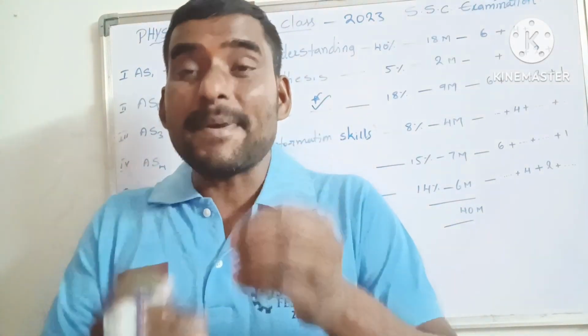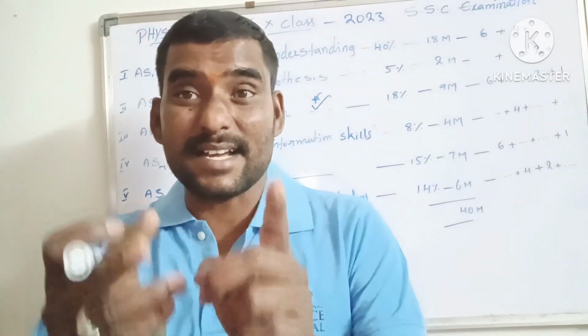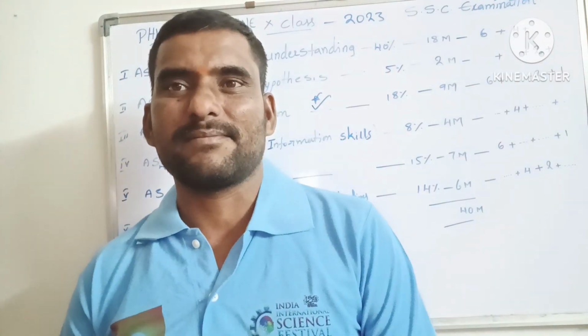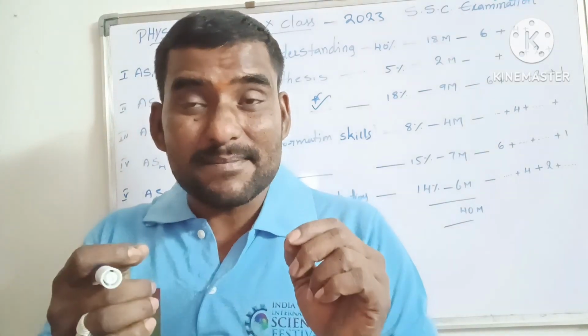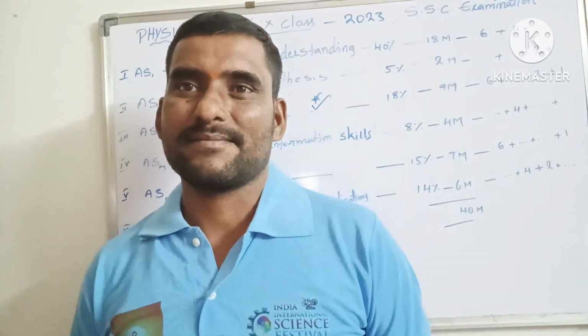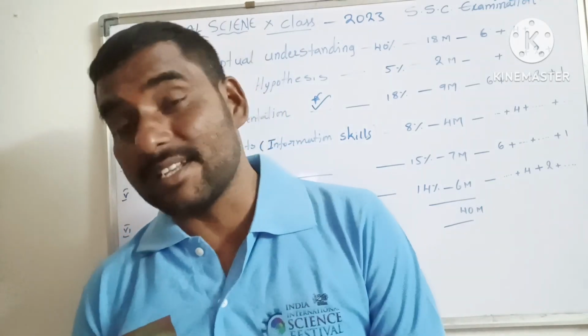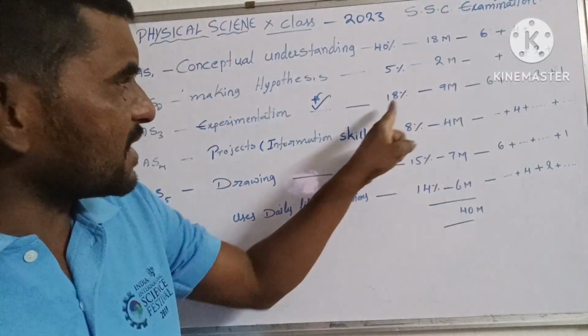They may ask at least the apparatus: write the apparatus for the Oersted experiment, the current carrying conductor experiment. Even for some experiments they ask observations also: write the observations of this experiment. So it is very, very, very important. Go through that. Very easy. Everybody can get 9 marks.